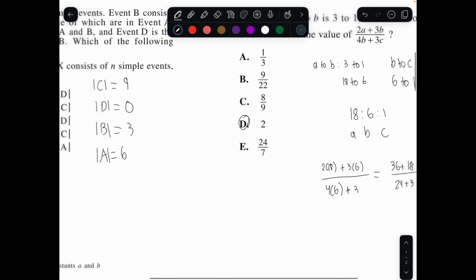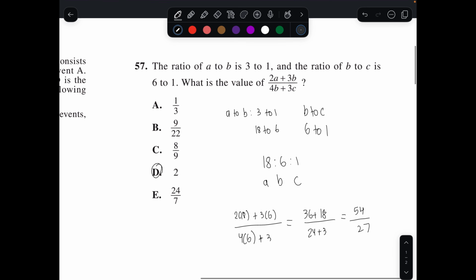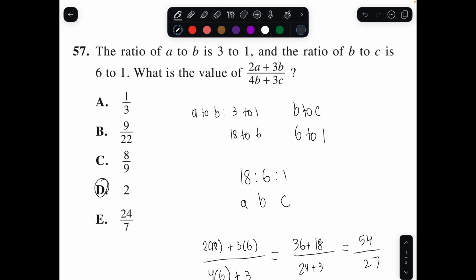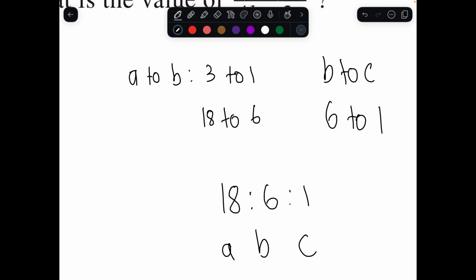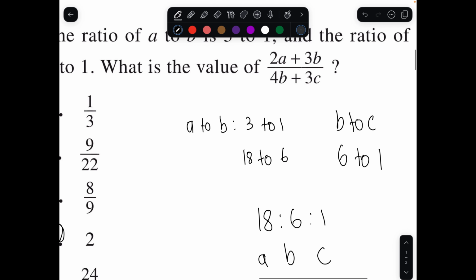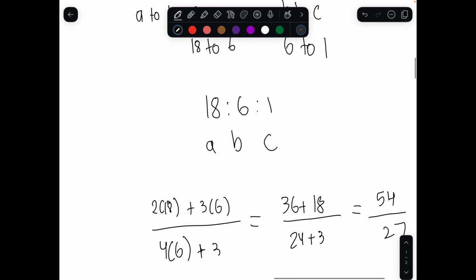So that means our answer is D. So remember, for this type of question, just take the common variable and make it the same number in both ratios, right? And then you can just plug in your other two variables. In this case, it was A and C.